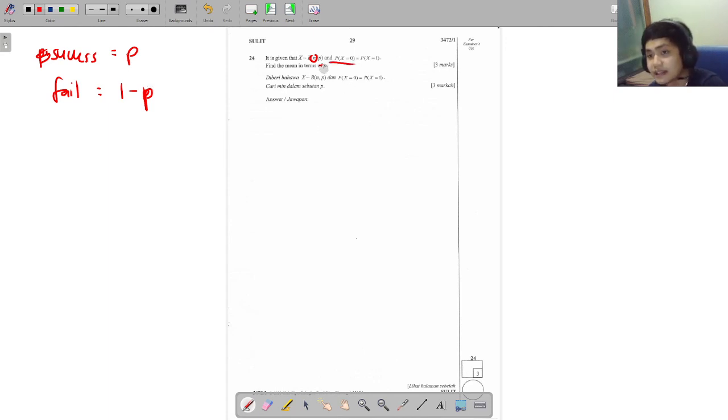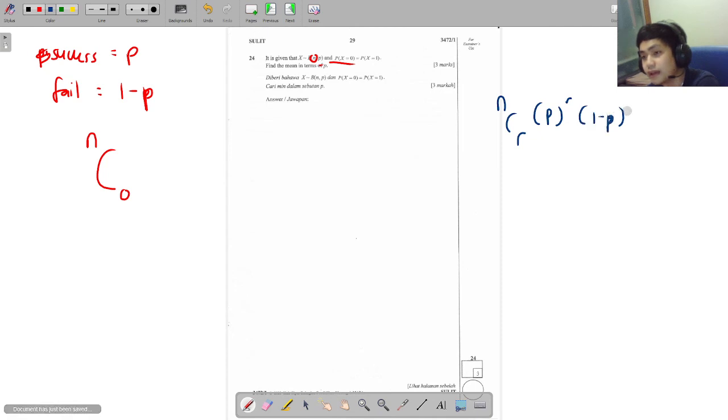So the probability of X equals 0 means the probability of getting 0 successes in that sense. It means that out of your total number of trials n, 0 of them are successes. Following the formula, I should just write the formula first: nCr p^r (1 minus p)^(n minus r), right?